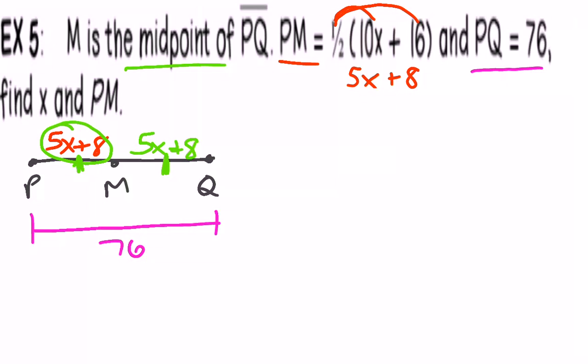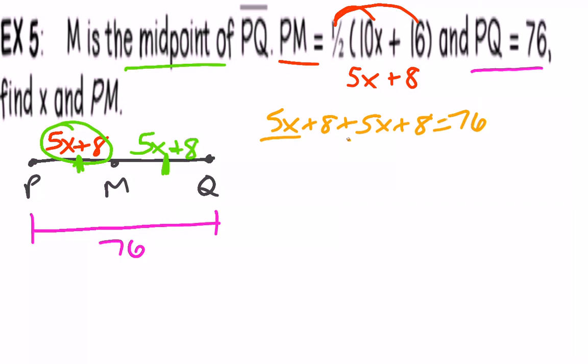And now we're back to the same type of problem we started with, where my two parts add to give me the whole. So 5x plus 8 plus 5x plus 8 equals my total of 76.